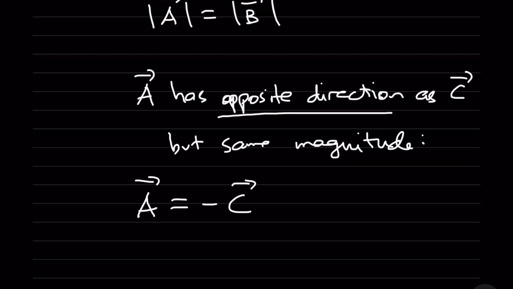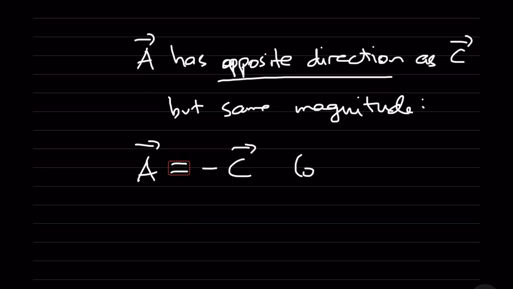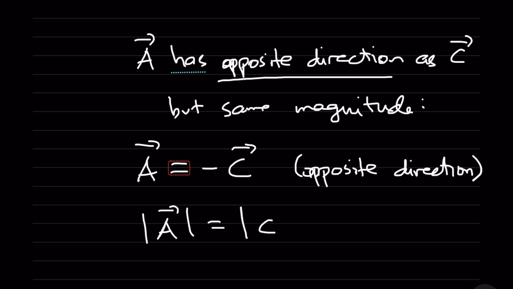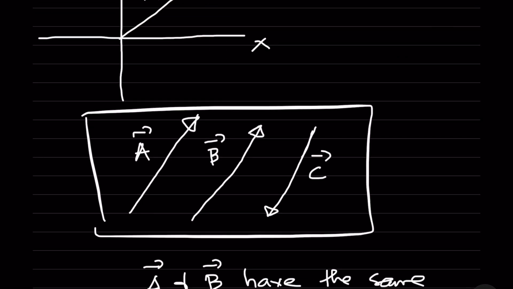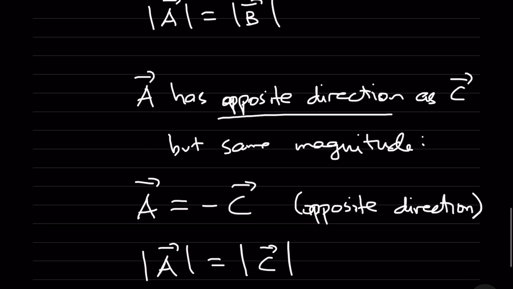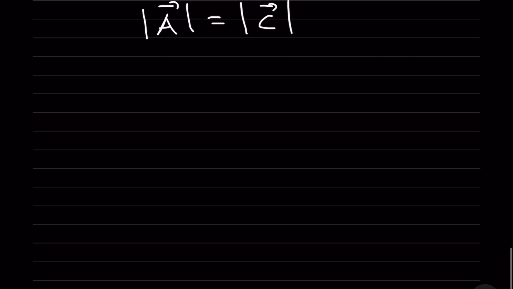So we can write vector A equal to negative of vector C. The negative sign means that they have opposite direction, but we can equate the magnitudes because they are the same. So the magnitude of A is equal to the magnitude of C.